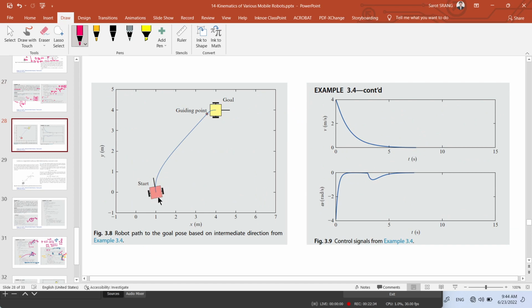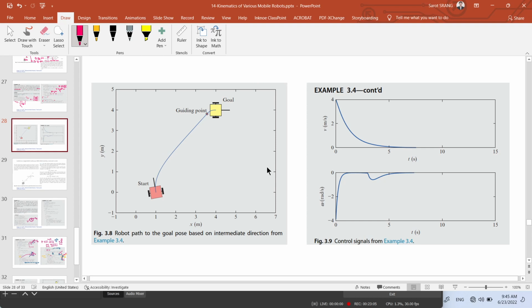You can see it starts from here and then moves along this trajectory. This one is a guiding point, meaning the switch between alpha and beta, I think. So the controller switches here from alpha to beta, and then finally it stops at the goal with the right direction, the right orientation.